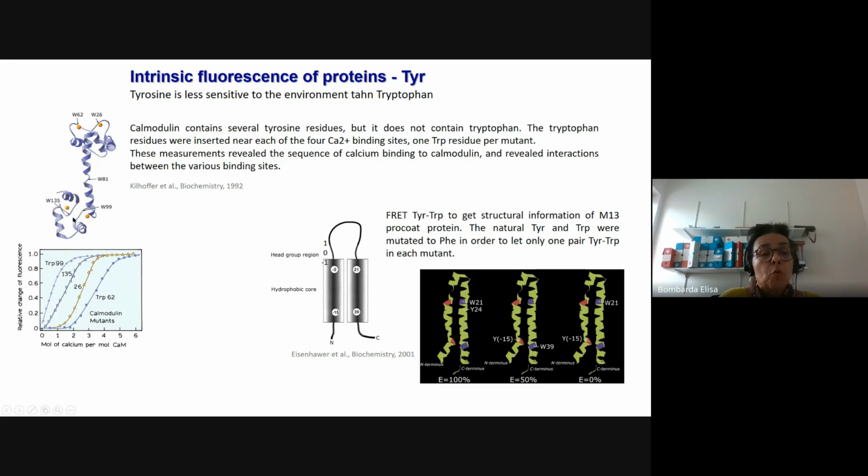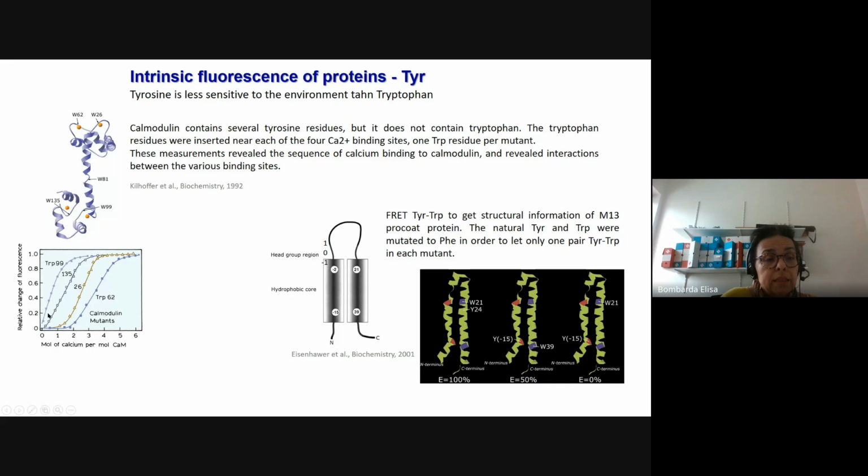Moreover, this molecule is very small but has 4 calcium binding sites, and the tryptophan was put in each calcium binding domain.